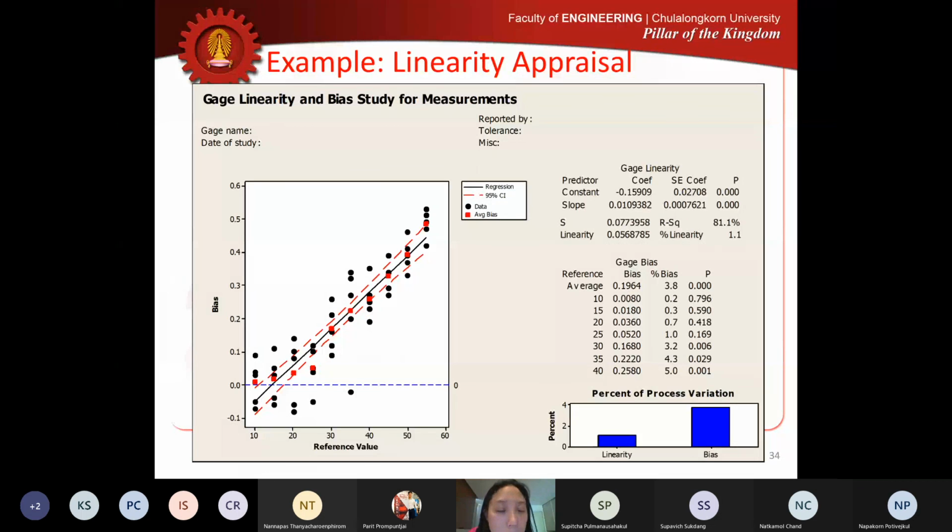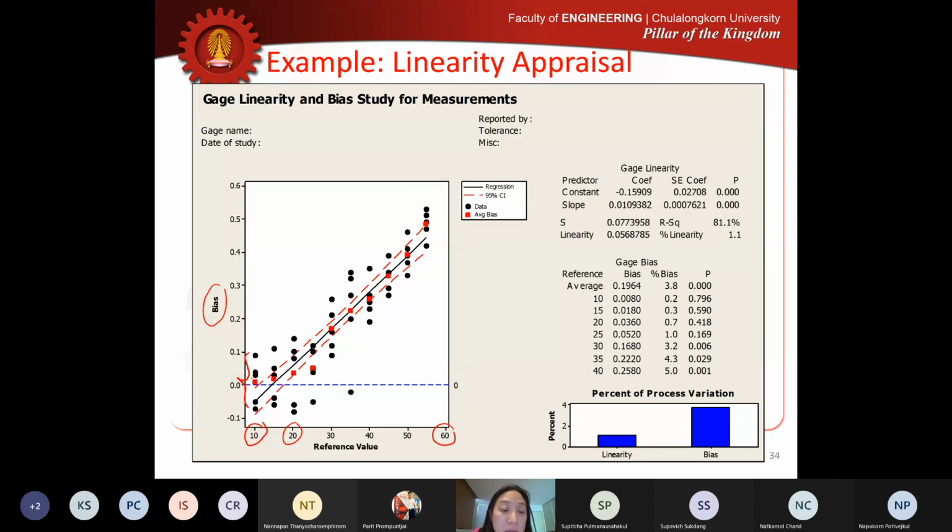For example, you have parts of size 10 to 20 and up to the big part, which is 60. And then you measure each part different times, suppose 5 times. You have 5 measurements here, okay?